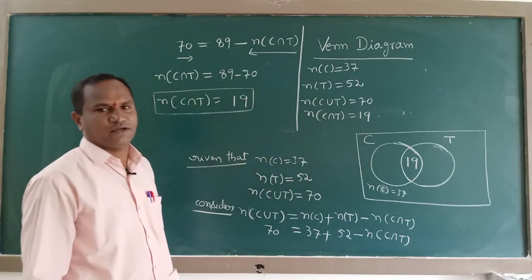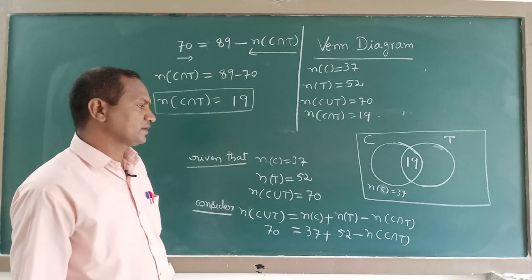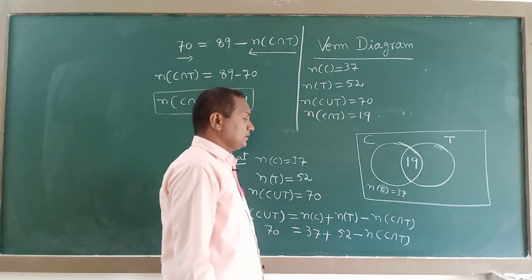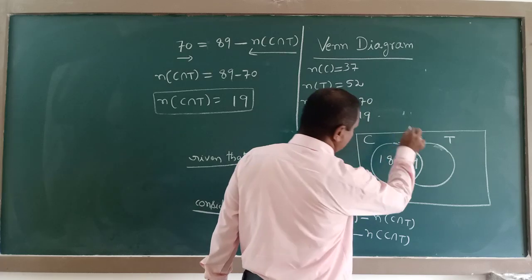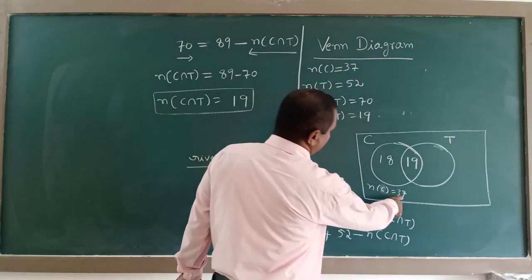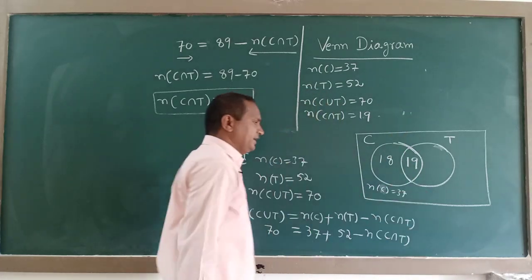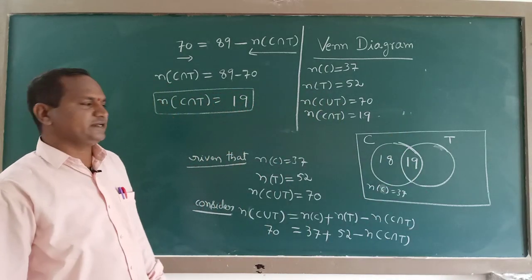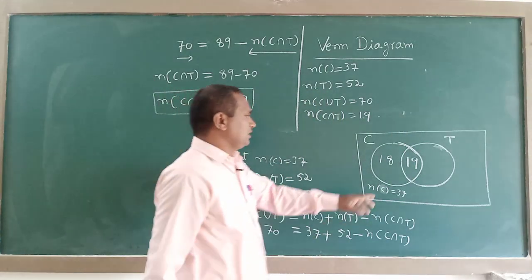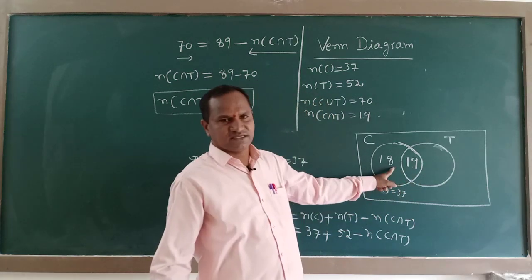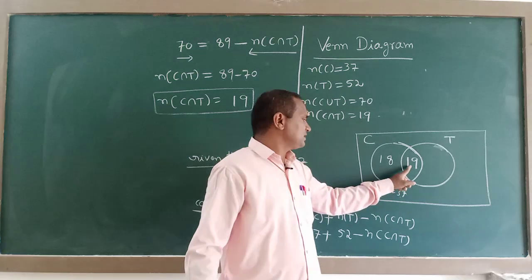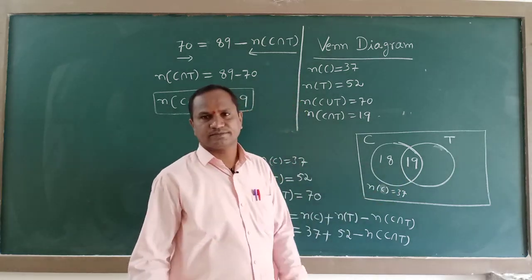Remaining is 18, because 37 minus 19 is 18. Because 18 plus 19 is 37.